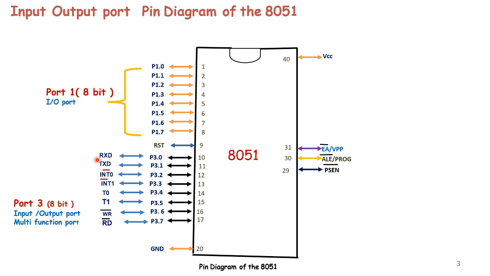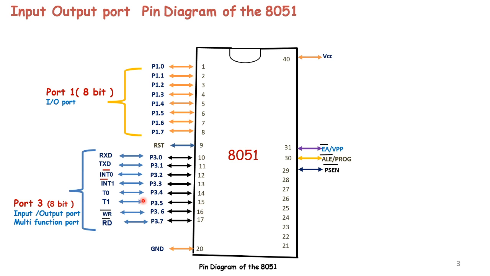The first 2 pins transmit and receive data serially, for serial communication, INT0 and INT1 for external interrupt, and T0 and T1 are for timer interrupt. For external access, read and write control signals are used. So this is the write and this is the read signal. All these are the multifunctions of port 3, pin 10 to 17.